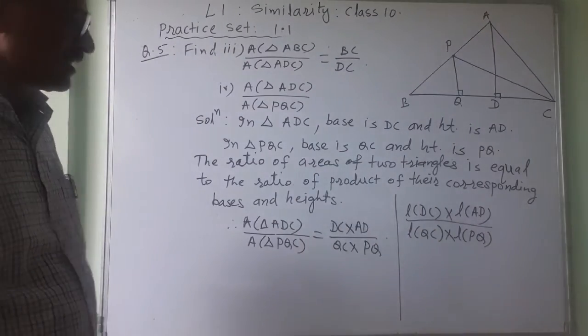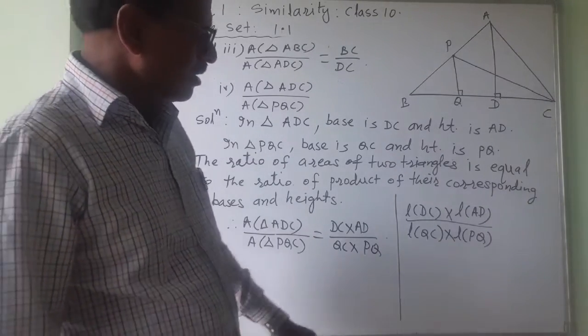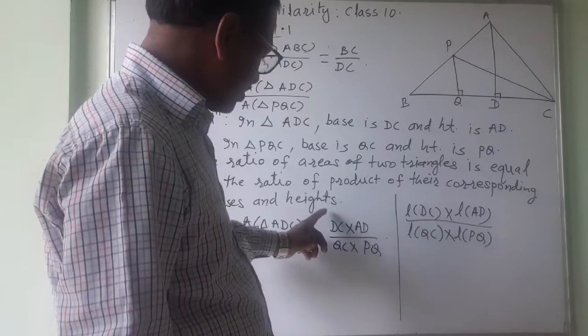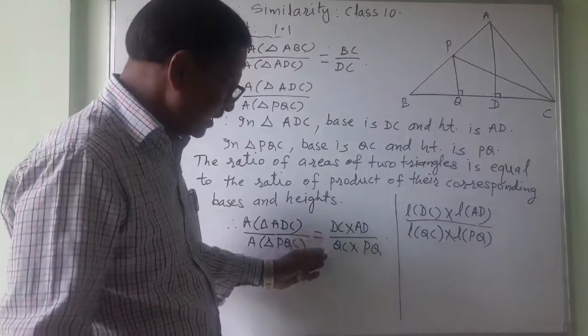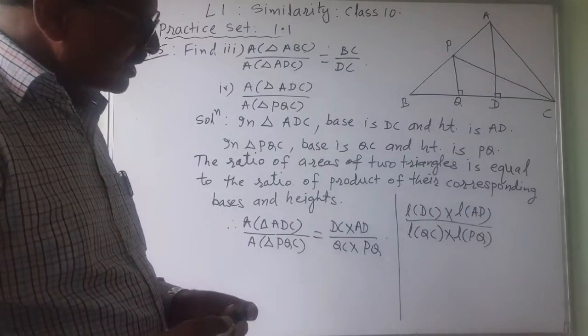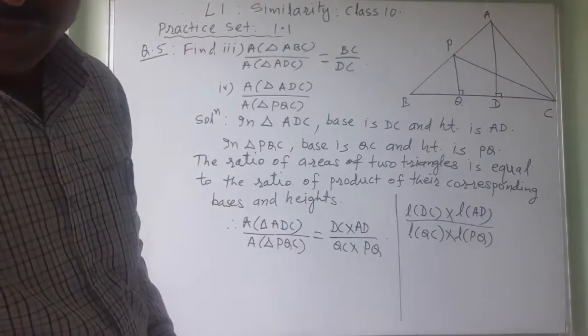I completed my SSC in 1978, in the 77-78 batch. At that time it was compulsory to write like this. But in due course it has changed, and now you can write DC AD like this.